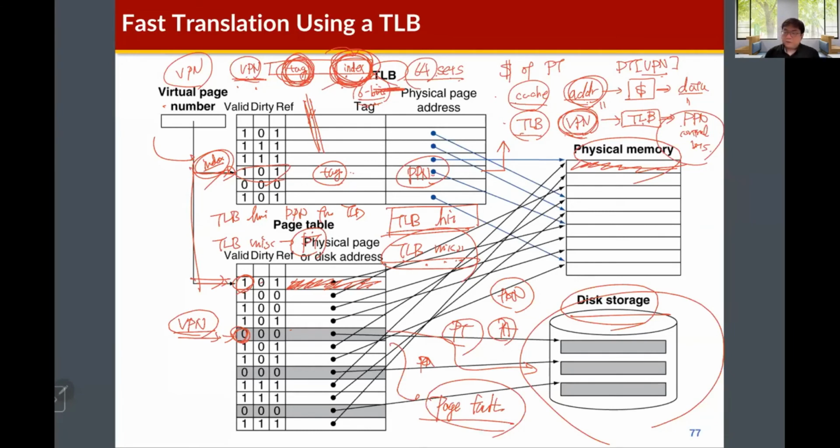And I explained that when we access a disk, like a storage device, it's very, very slow, right?